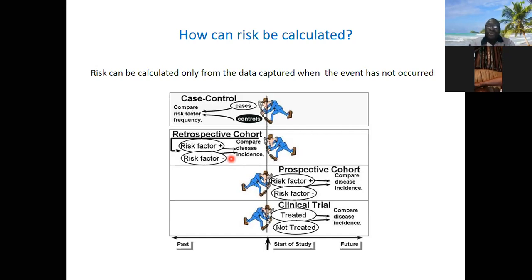But in experimental design and cohort study, you can calculate risk. You can also calculate odds. So can you see? It's only that you cannot calculate risk for case control and cross-sectional study. But for any other study, you can calculate odds.